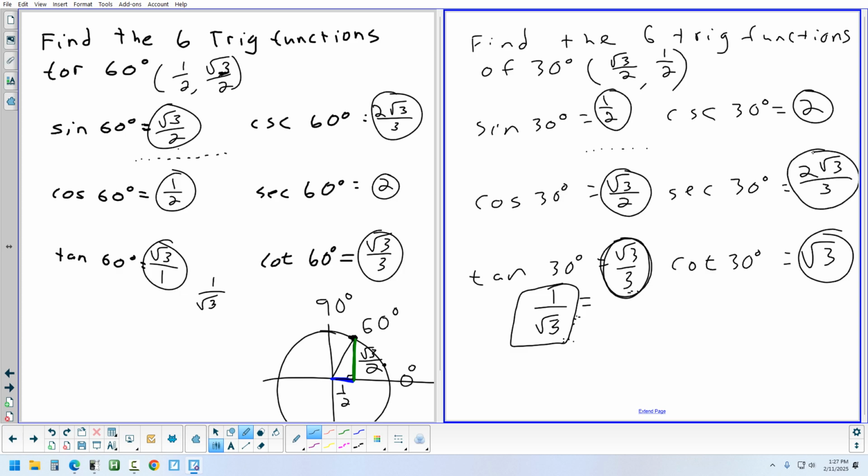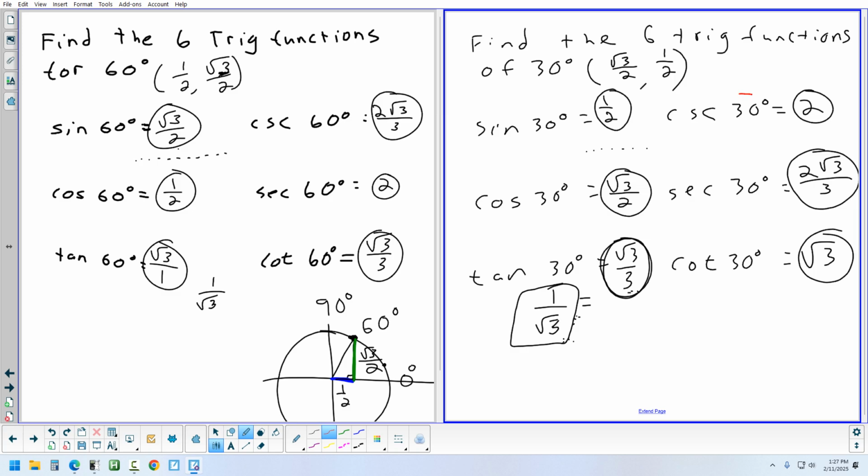Okay, so look at the difference between the 30 and the 60. Can somebody tell me 2 functions where the answers switched? Okay, cosecant and which one switched places? Looking at this page and then looking back at that page.